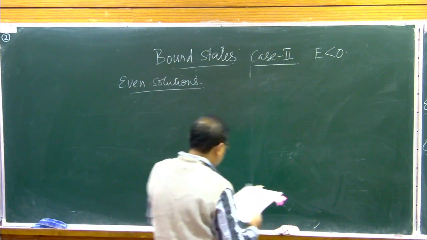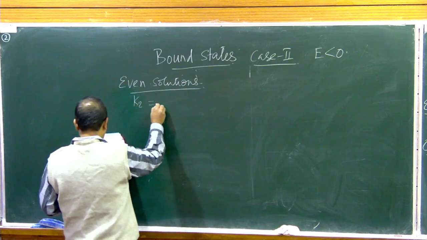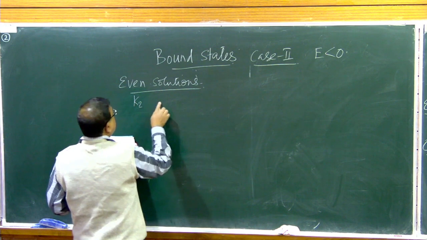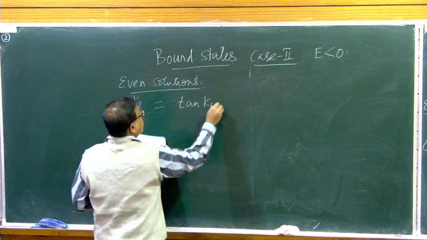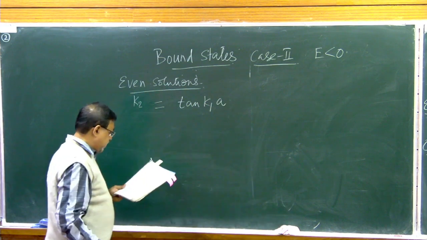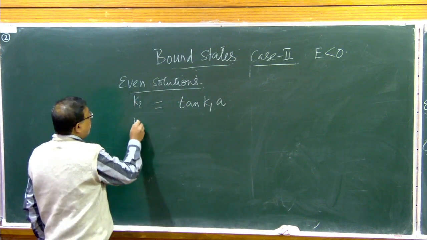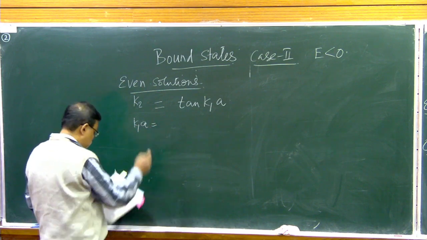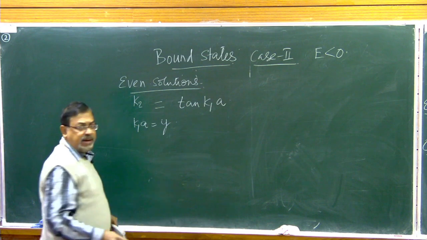And so what's that even solution? k2 is equal to k1 tan k1a. So let us call k1a to be equal to y, some variable.